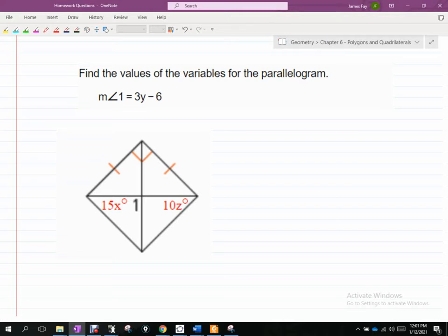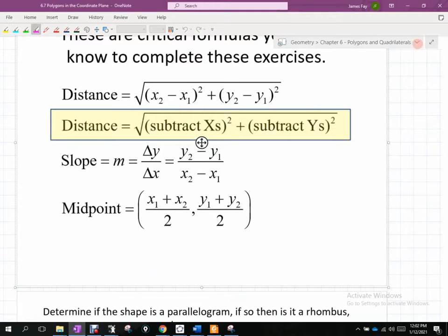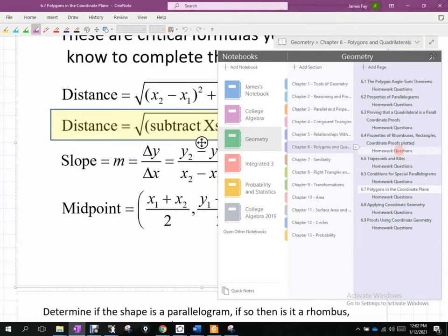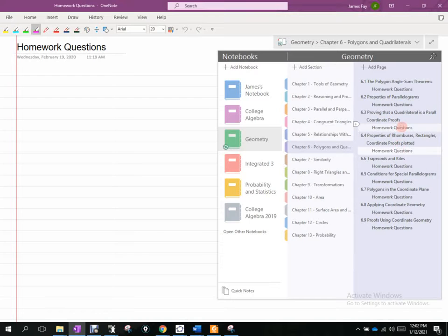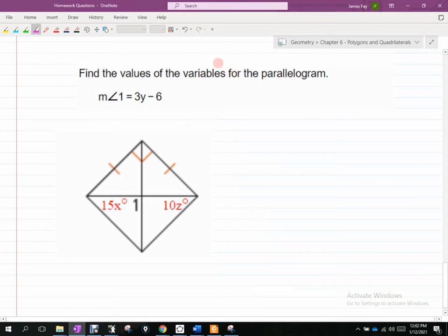Anybody know what kind of parallelogram that is? Why? Okay, so if it's a parallelogram, then that means that side right there and that side right there have to be congruent because that's a feature about parallelograms, right?